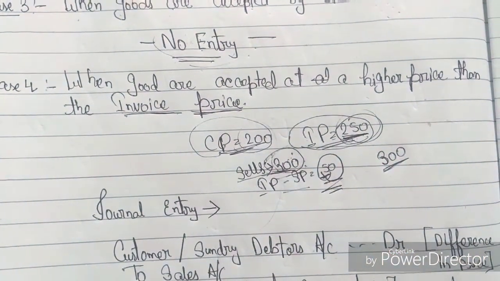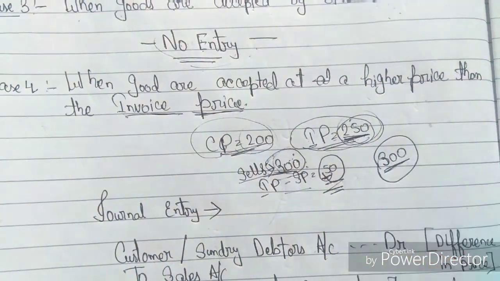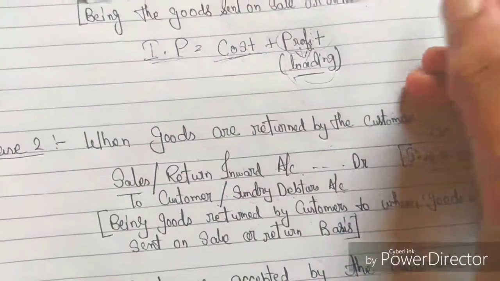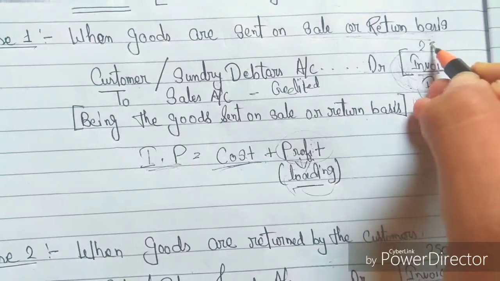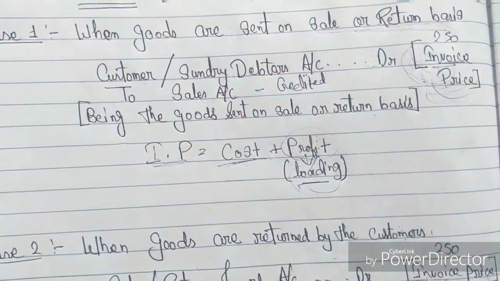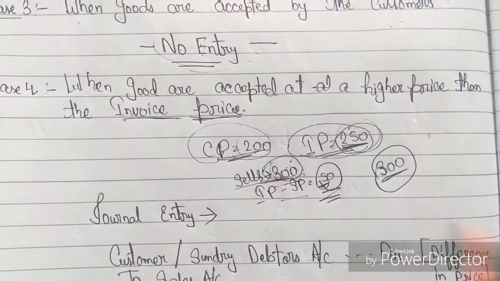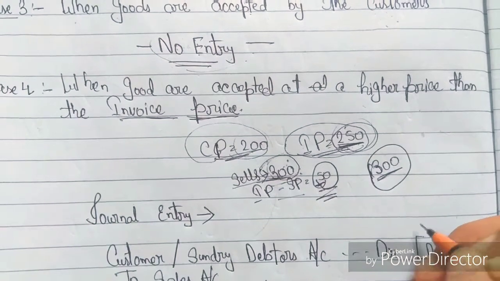But he is not sure whether the customer will accept this price or not. So when the goods are sent, he records it at 250, but he tells the customer that I am selling you at 300. Means it depends on you whether you accept it or not.